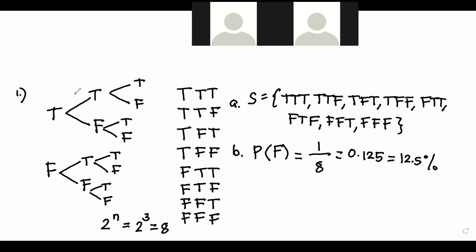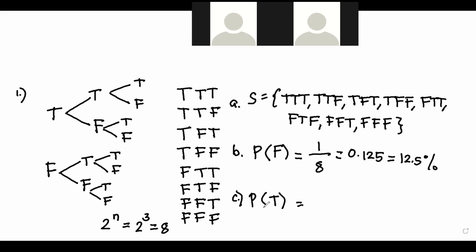Okay? And the last, what is the probability that exactly 2 items will be true? Kailangan we name an event using any letter, so F na lang. Ano to that exactly 2 items?